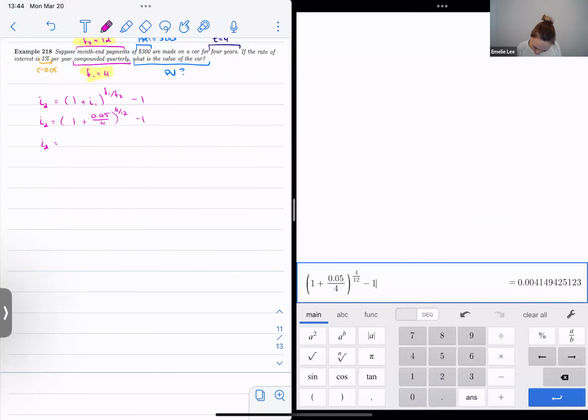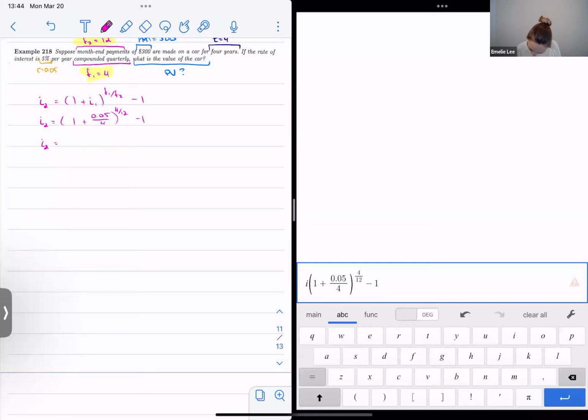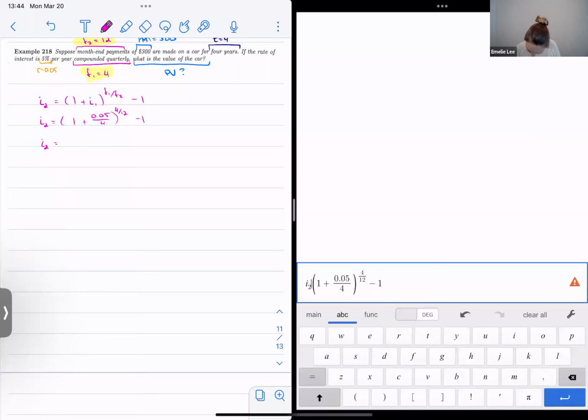Okay. And I'm actually going to store this as I2 equals, because now I have that and I've stored it as I2. Okay.